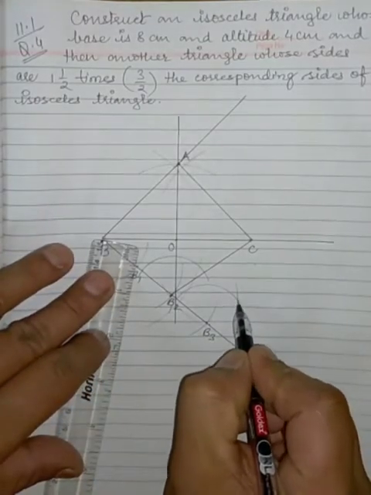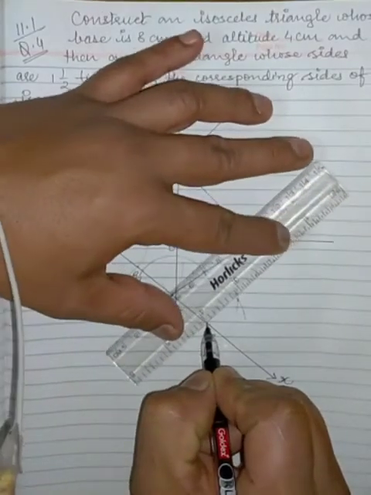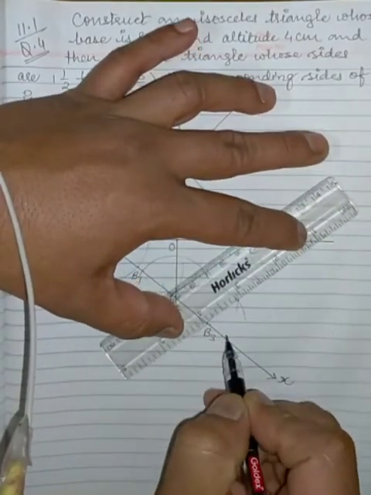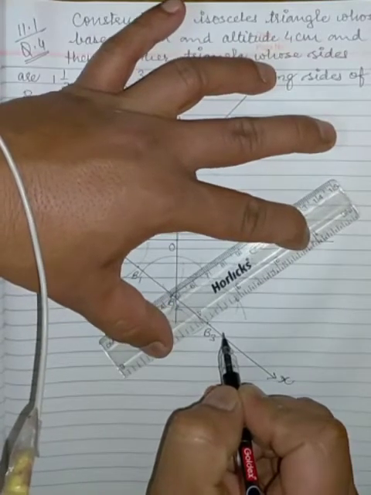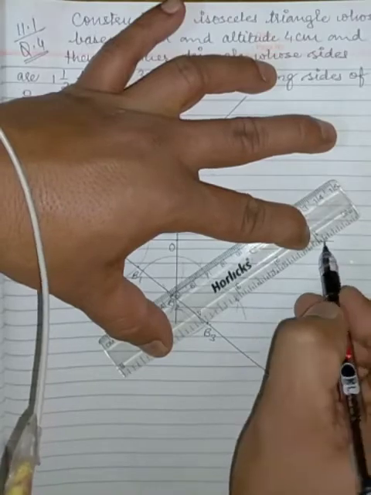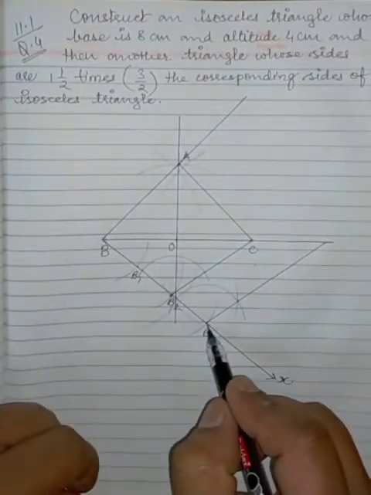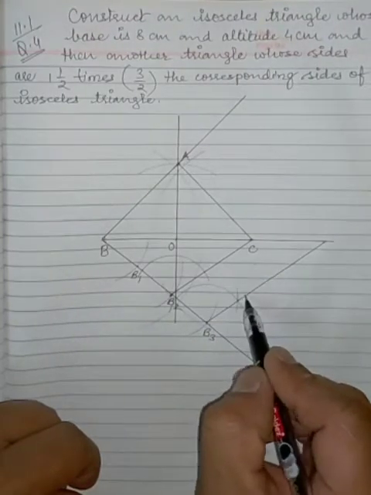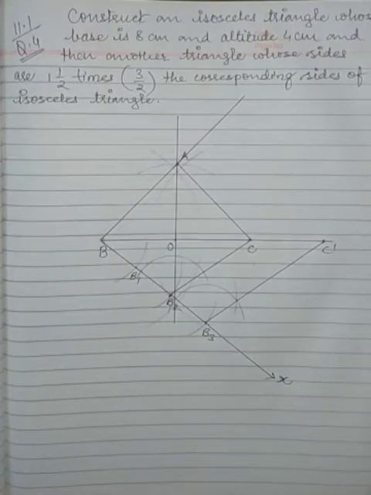Now you got a point here, and this point you will join to B3C. So you can see here we have got a line exactly parallel to this line. Let this point be C dash.